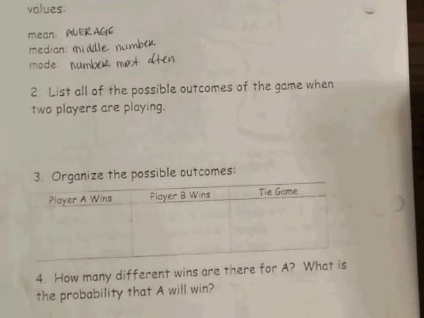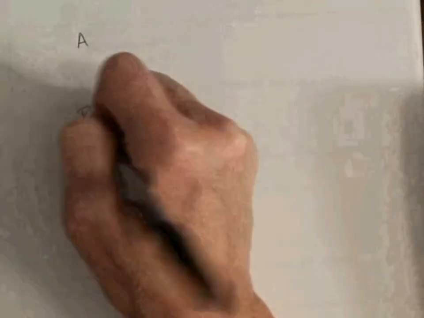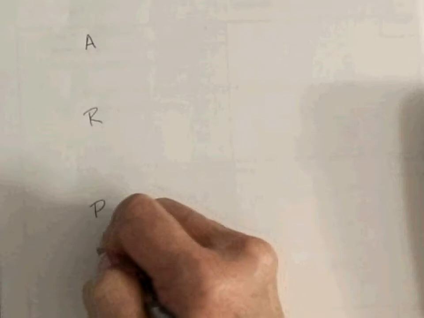Number 2 says list all the possible outcomes of the game when two players are playing. On the back of your handout, you should have a blank page, or just get a blank page. We're going to list out all the different ways you can win. Player A can do rock, paper, or scissors.